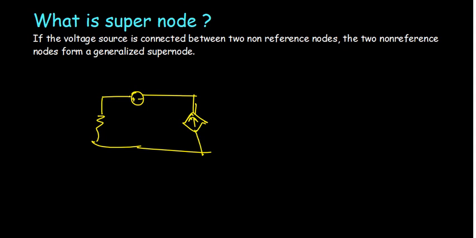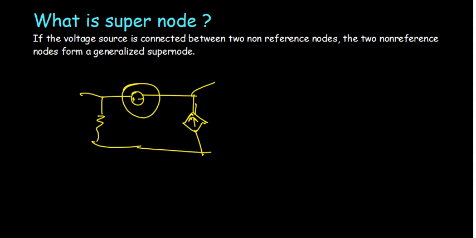If this is a voltage source and it's connected between two non-reference nodes, non-reference node means the node voltage doesn't have a zero value. It must have a value, plus or minus. Nodes formed like this we call a supernode.